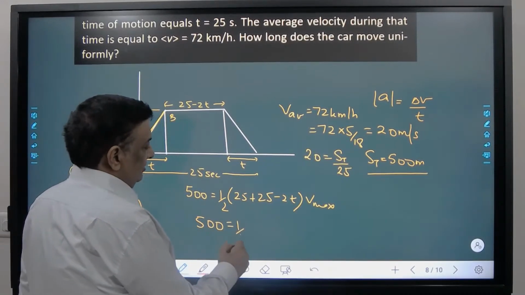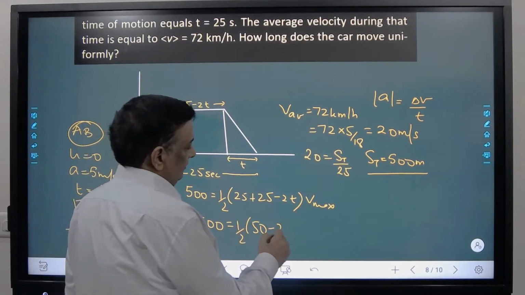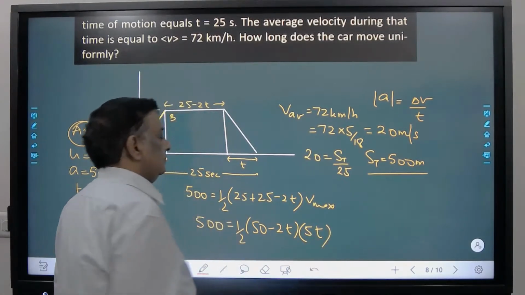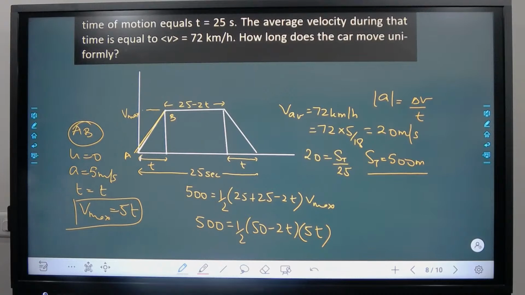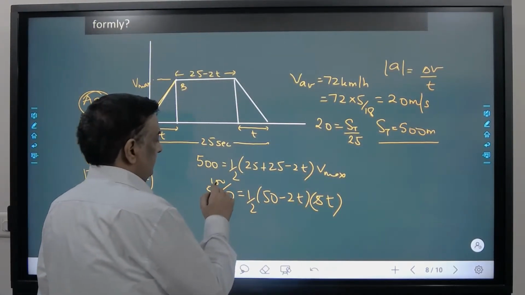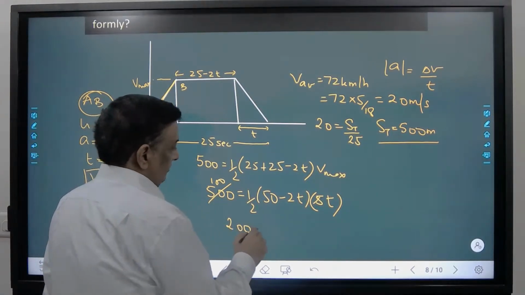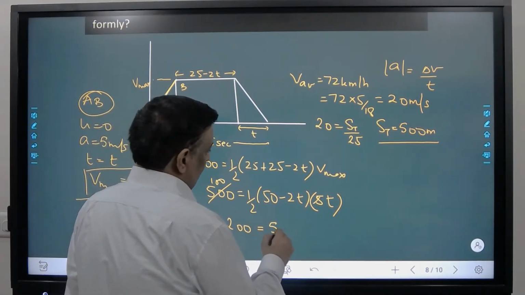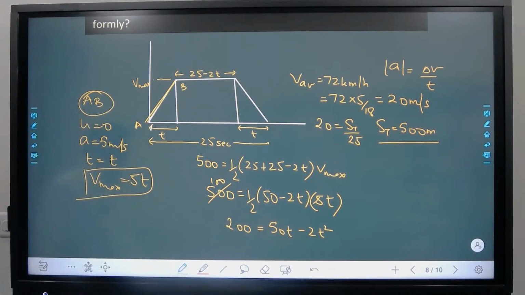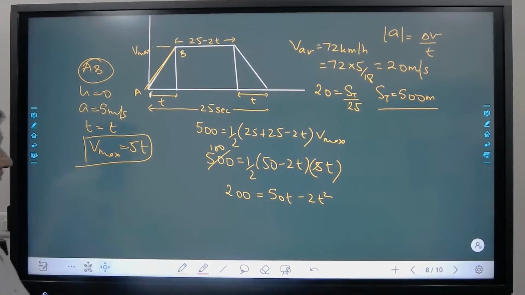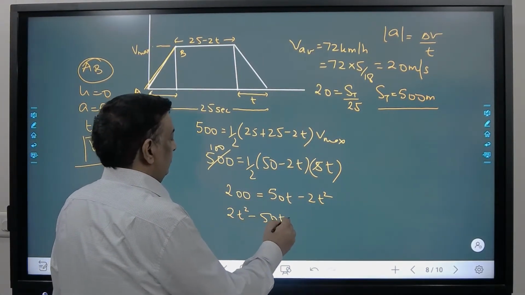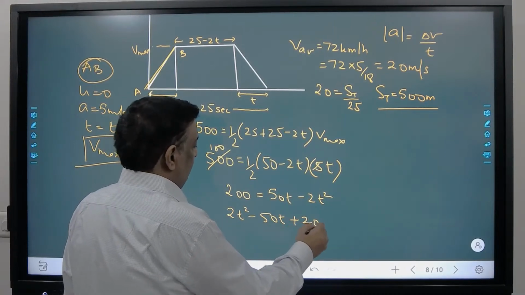so 500 is equal to half times the sum of the sides times 5t. So you get 200 is equal to 50t minus 2t square. You get 2t square minus 50t plus 200 is equal to 0.